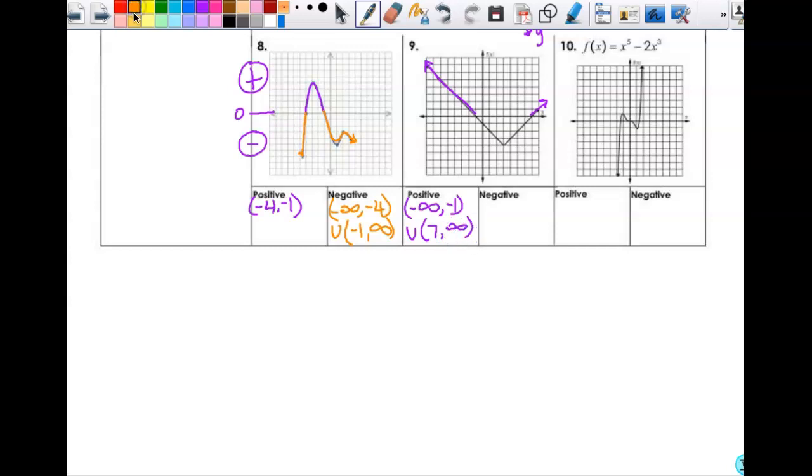I'm negative all right here, so that's going to be -1 to 7. Then I'm positive here, right there, and then right there.